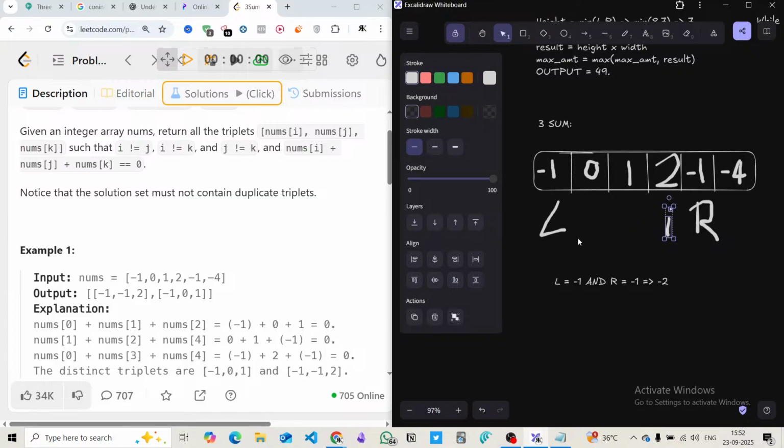Yeah, so now we return the L, R, I. So I guess we can do it like this. But the problem we have is, how can we know which pointer to move? That's the problem.